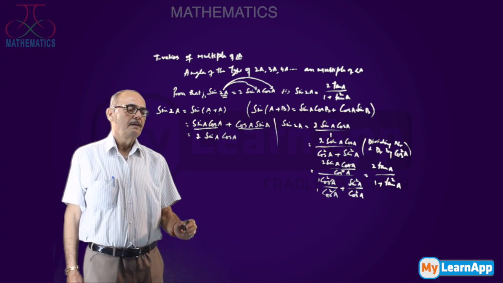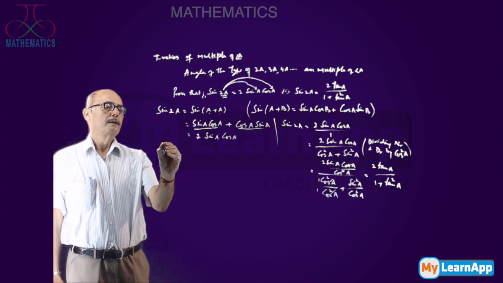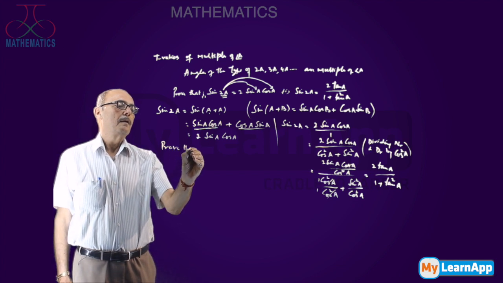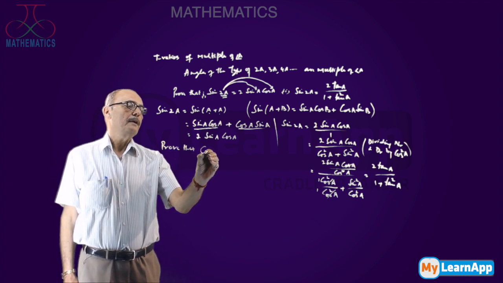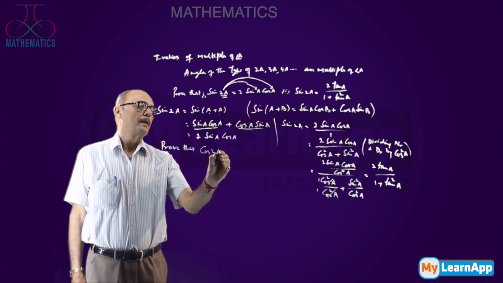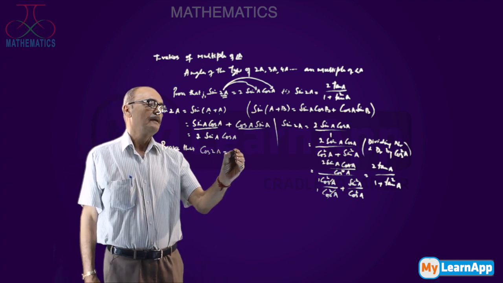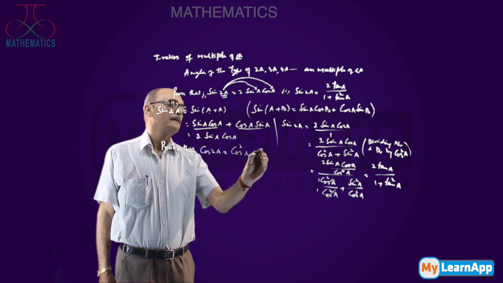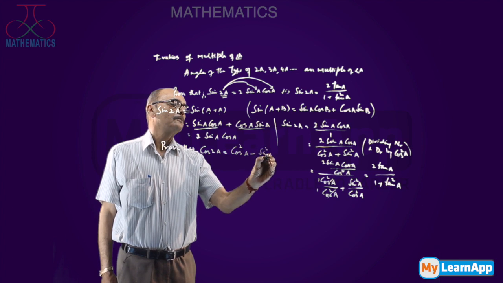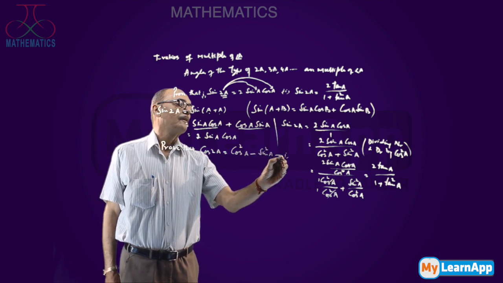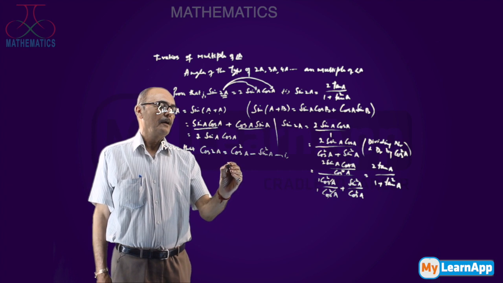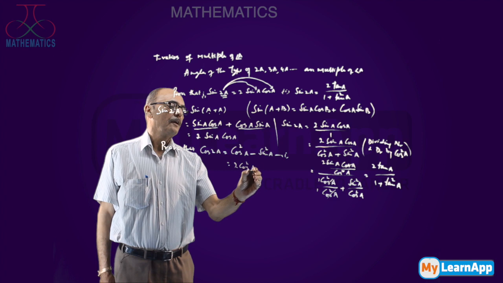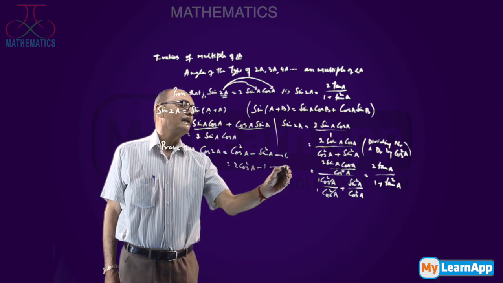Then next we have, prove that cos 2A is cos square A minus sin square A. Mark it as first. It is also equal to 2 cos square A minus 1. Mark it as second.